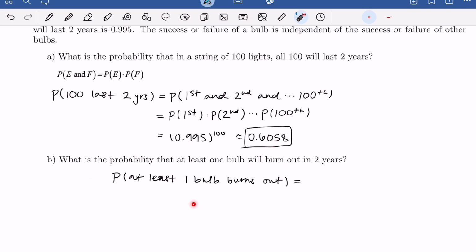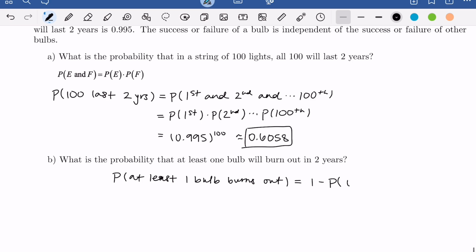So in this case, we can use our complement. The probability that at least one is going to burn out is going to be 1 minus the probability that all of them last. So we're using our complement rule that we saw in the last section. So this is going to be 1 minus 0.6058.